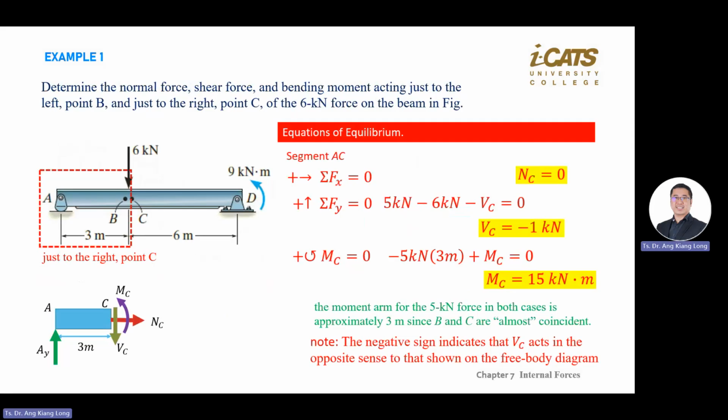Once you have the free body diagram, solve for the resultant first, if you can. Normally, you can solve for the external forces first, that you learned from chapters 1, 2, 3, 4. Once you have external forces, then only you follow the question. It asks you to cut where, then you go and cut. Then use the positive notation for shear, normal, and bending moment.